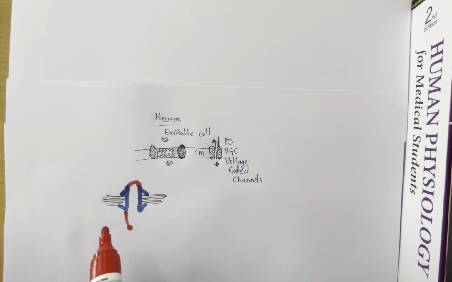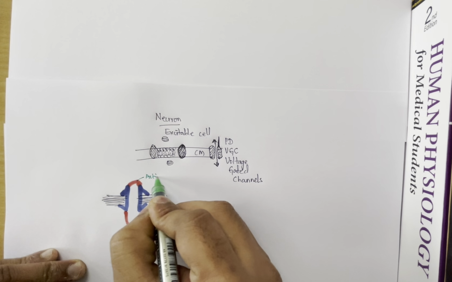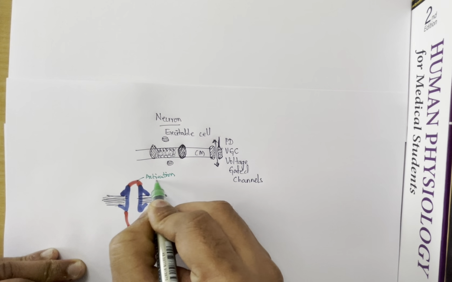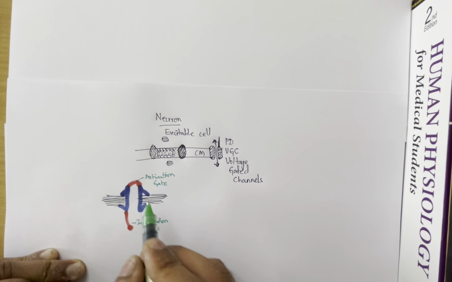So this is a diagram for explaining the voltage gated sodium ion channel at resting state, where the activation gate is closed, whereas the inactivation gate is open. And the state of this voltage gated sodium ion channel is the resting state.